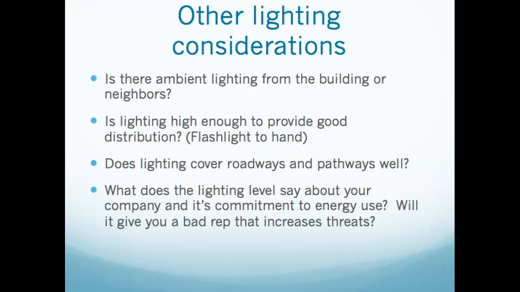Okay? Does it provide good distribution? And that really is from making sure your lights are up high enough, but not too high. It's the distance from the light to the ground. If you take a flashlight and put it in one hand and you shine it at your other hand from a distance of about 2 feet, you will see your hand and your fingers in the dark.